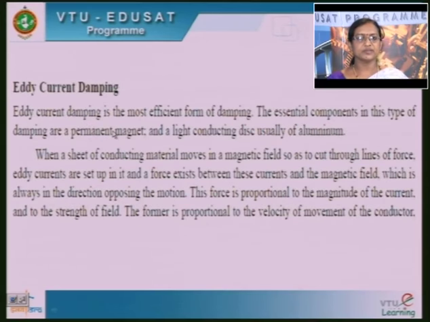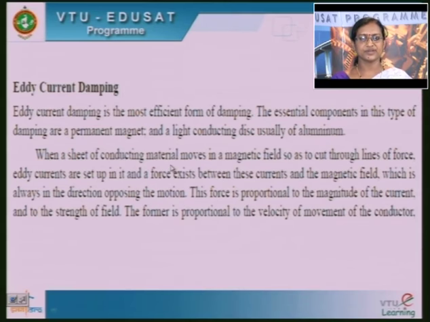Eddy current damping is the most efficient form of damping. The essential components in this type of damping are the permanent magnet and a light conducting disc, usually of aluminum. When the sheet of conducting material moves in a magnetic field so as to cut through the lines of force, eddy currents are set up in it, and a force exists between these currents and the magnetic field, which is always in the direction opposing the motion according to Lenz's law.